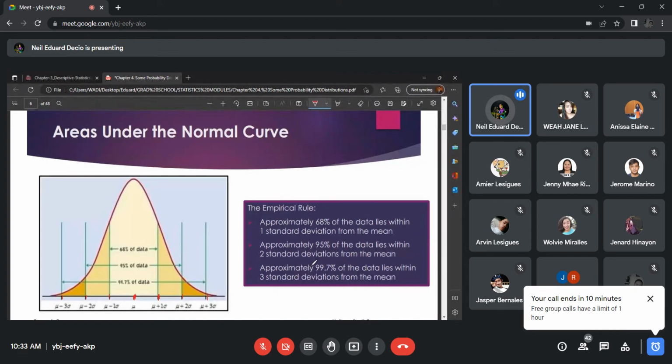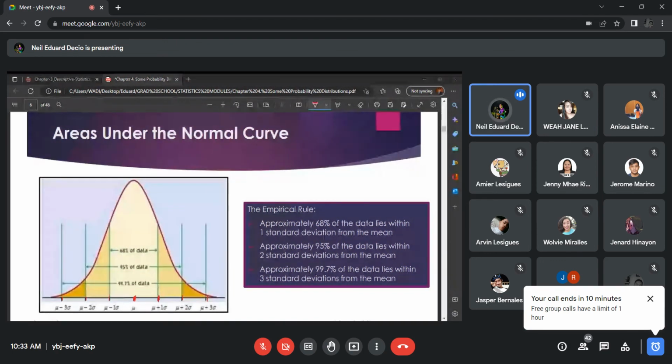Positive and negative outliers, meaning the remaining 0.3% is not within those -3 to +3. Okay? But it doesn't necessarily mean that they are not included. They're just outliers, the remaining percent here. Because from -3 to +3, we only have 99.7% of our values.